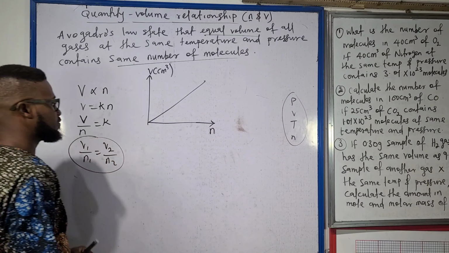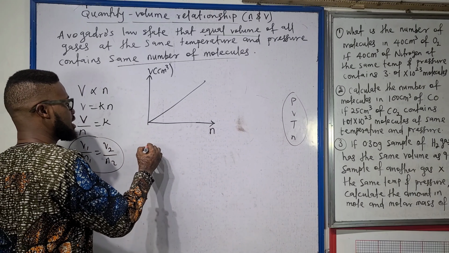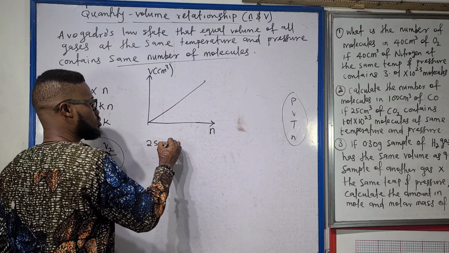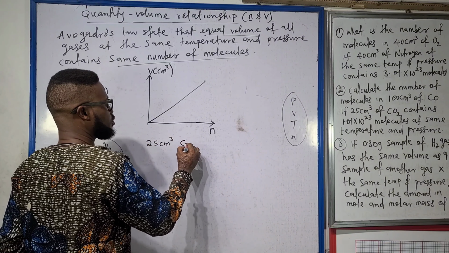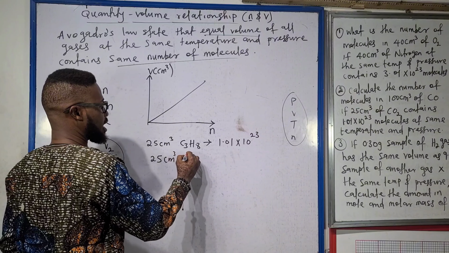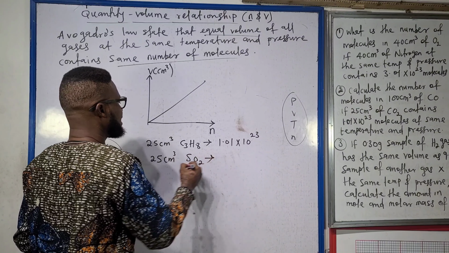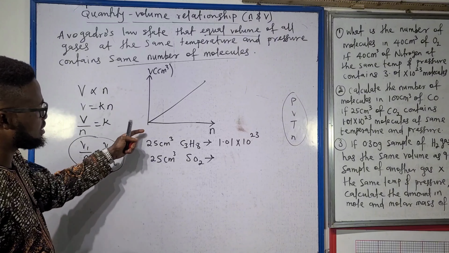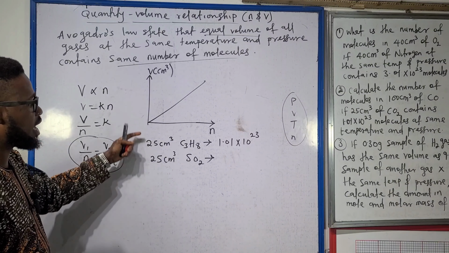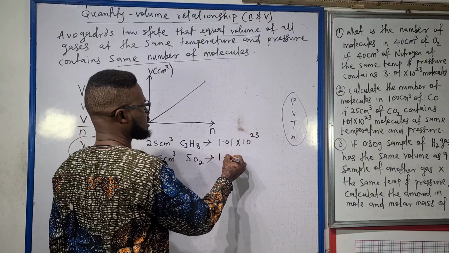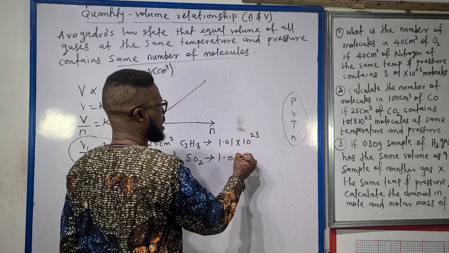Okay, more specifically, let us assume that we have 25 cm cubed of, let's say, propane C3H8, which contains, let's say, 1.01 times 10 raised to the power 23 molecules. If I have 25 cm cubed of another gas, let's say sulfur IV oxide, since the volumes here are the same, I expect them to contain the same number of molecules.